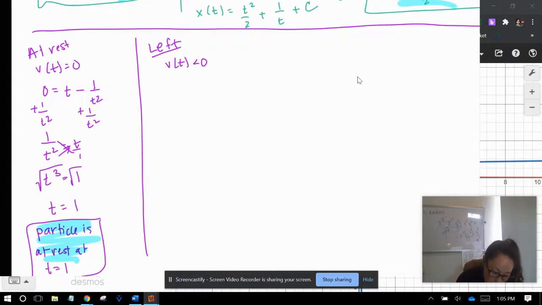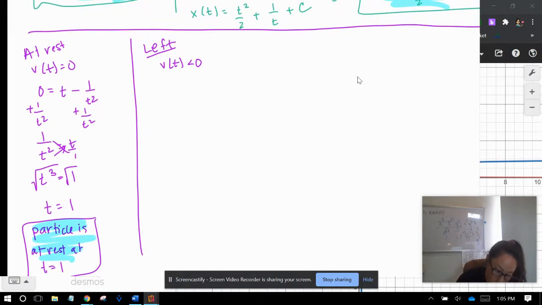So looking at my velocity function, t minus 1 over t squared, I have critical numbers at t is equal to 1 from when the particle is at rest. And then I can also see that I have an undefined value at t is equal to 0.